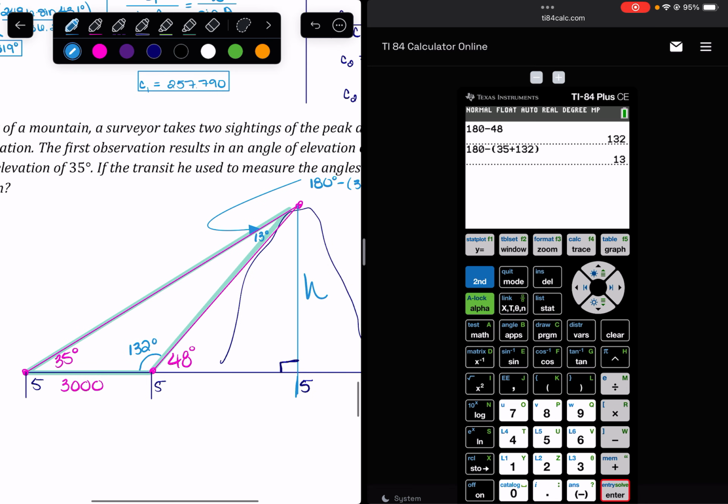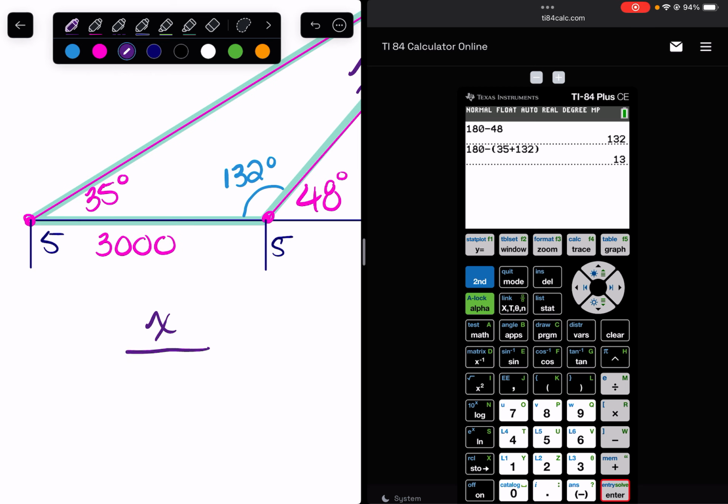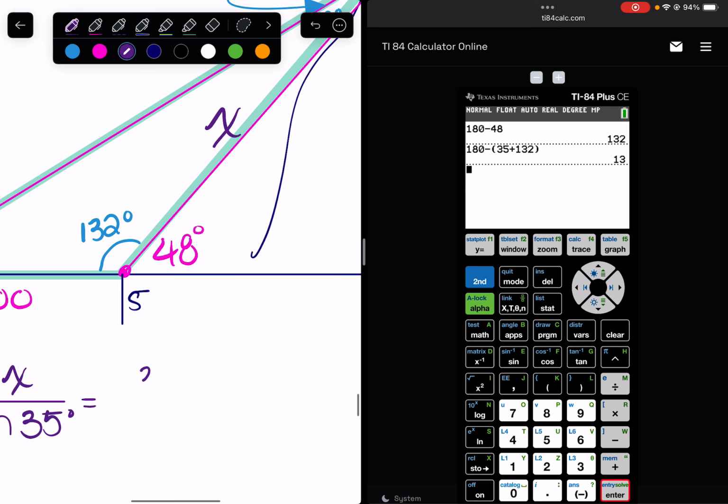All right, so I have all 3 angles and I have the side between 2 of those angles, so I can use law of sines to find that side there. I'm just going to call it x. So side x, the ratio of side x to the sine of the angle opposite that side, which is the 35-degree angle, has to be the same as the side 3000 and the sine of the angle opposite it, which is that 13-degree angle.